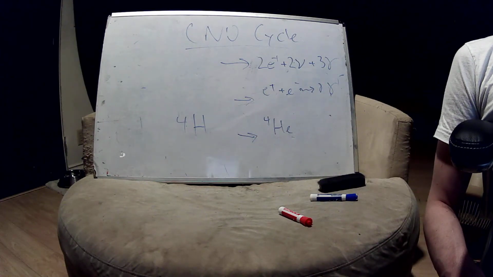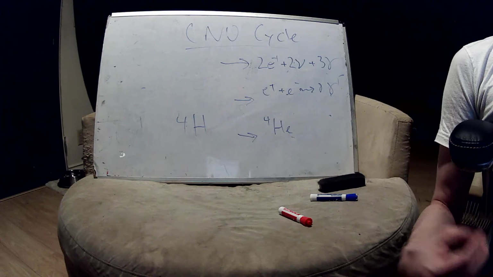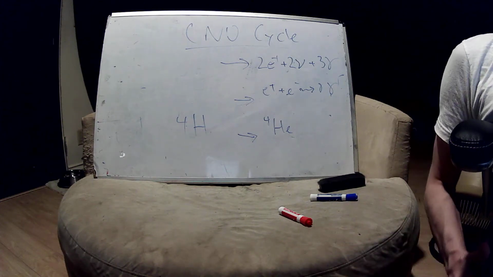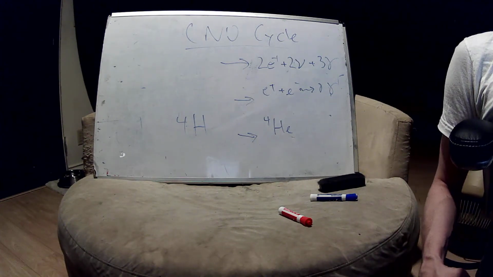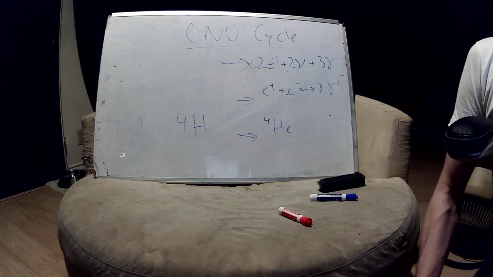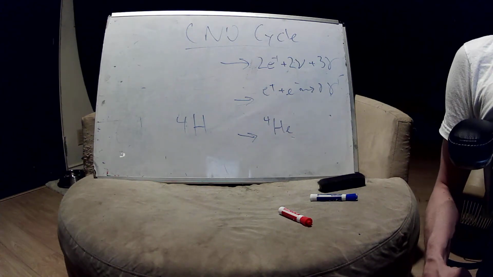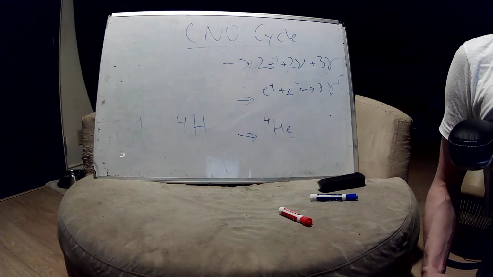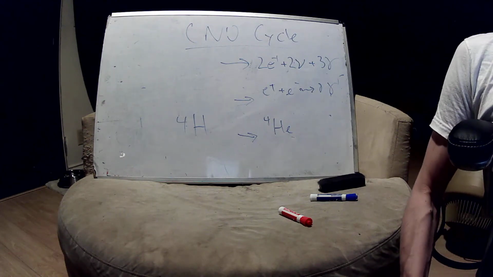Now that's a problem if you're talking about material that's supposed to generate energy for a star, right? And so if you have iron in the core of a star, that is doom, that is death. There is no coming back from iron in the core of a star.